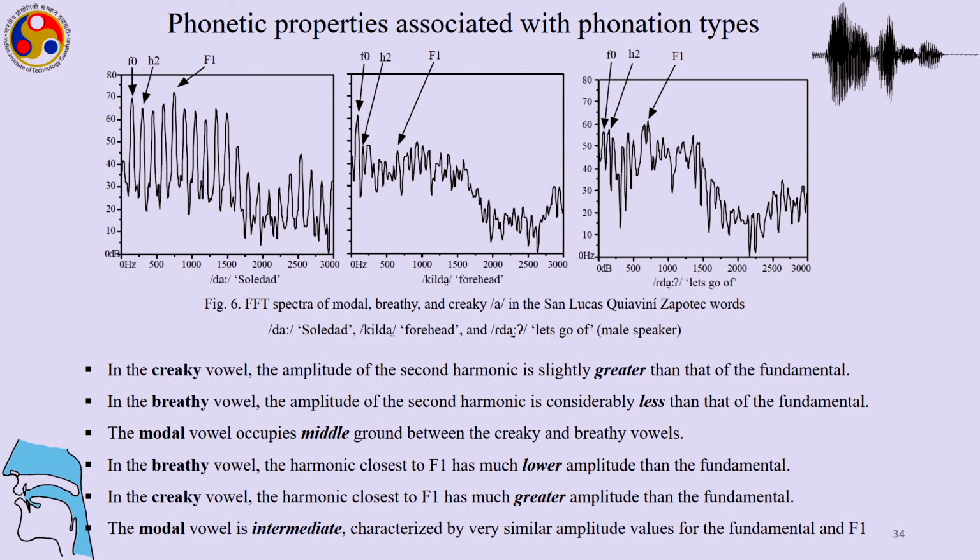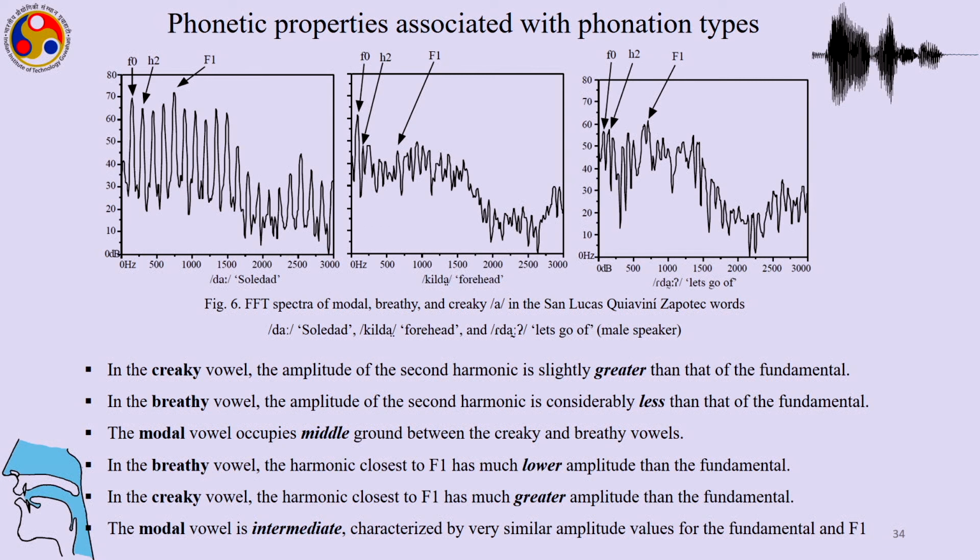And this is a breathy vowel, so the harmonic closest to F1, this is the F1, has much lower amplitude than that of the fundamental. So here is the fundamental, and here is the F1, and the harmonic here is much lower. In the creaky vowel, the harmonic closest to F1 has much greater amplitude, as we can see.